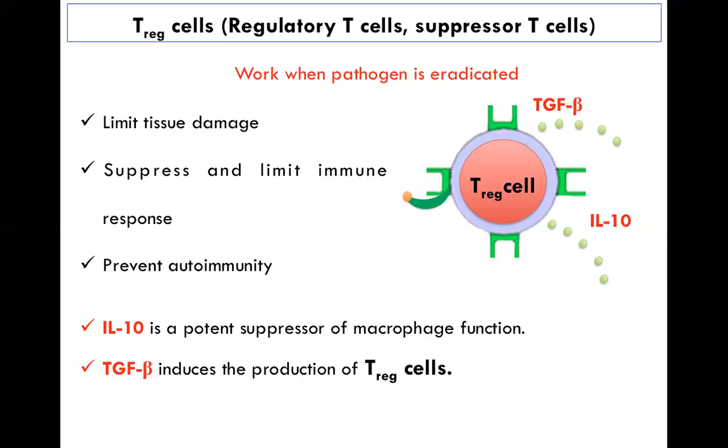We also discussed the role of IL-10 and the function of TGF beta. As they play an important role in the regulation of the immune response, they are called regulatory T cells.